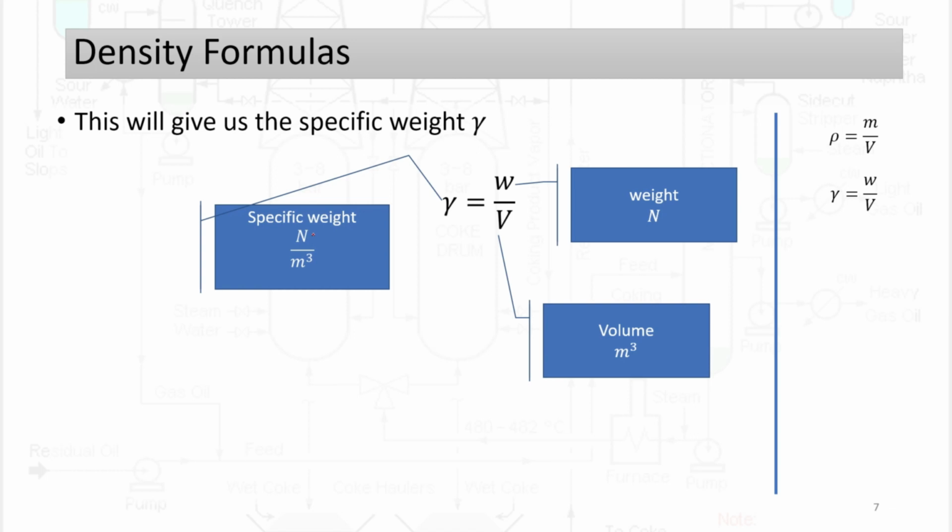Specific weight is Newton per meter cube in SI system, since the weight is in Newton and the volume is in meter cube. Okay, so we have here density as m over v and specific weight as weight over volume. See the difference? Here is weight and here is mass.